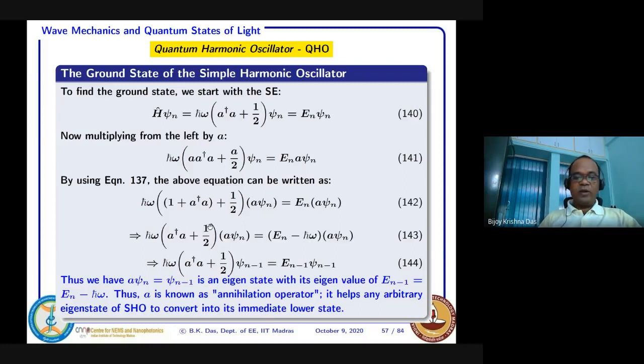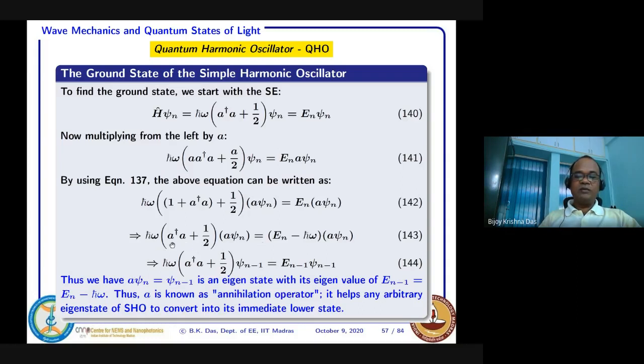You have this operator here, and you are operating on this. Then what you get is En minus h cut omega and the same function. That means as a whole, you operate this on the wave function after operating A, and you get the same wave function A psi n with an eigenvalue. So this can be considered as the eigenvalue of this one.